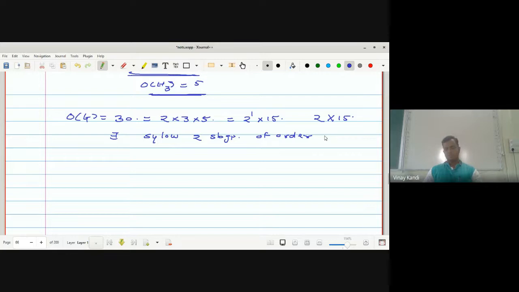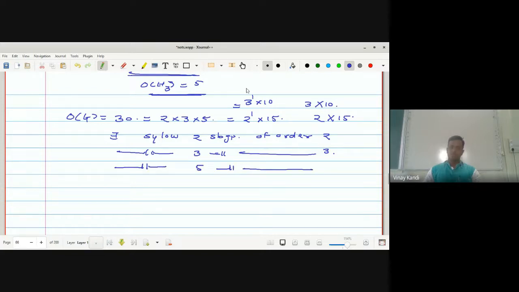There exists a Sylow 3 subgroup of order 3. There exists a Sylow 5 subgroup of order 5. Is it correct? 2 raised to 1, 3 raised to 1, 5.